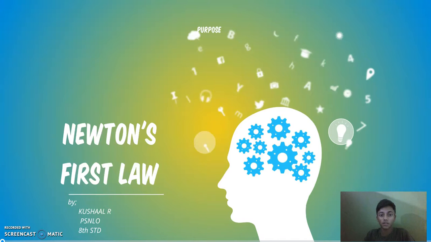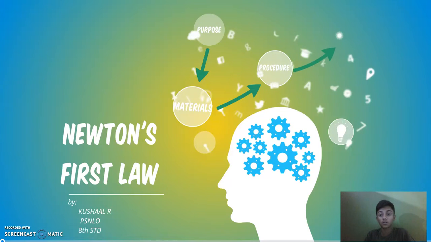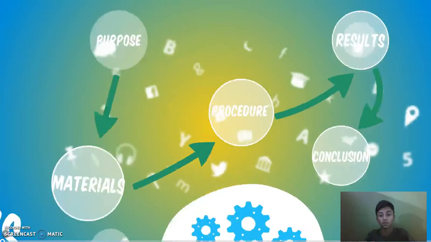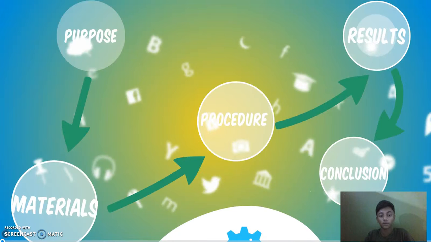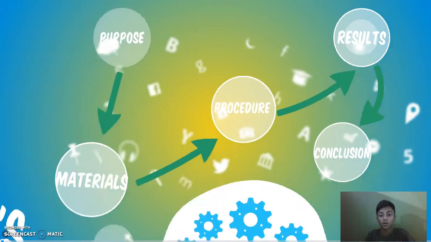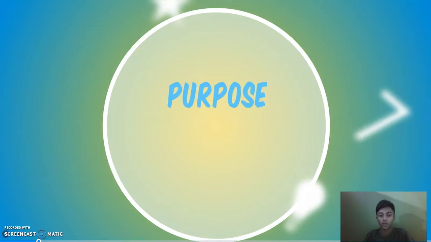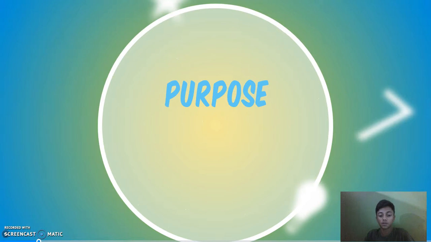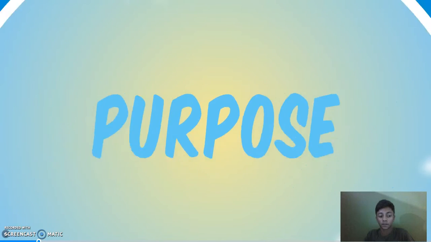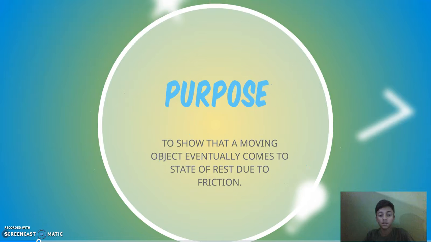The first thing is purpose, then materials, then procedure, then results, then conclusion. So these five I'll be explaining now. The first thing is purpose. The purpose is to show that a moving object eventually comes to a state of rest due to friction.